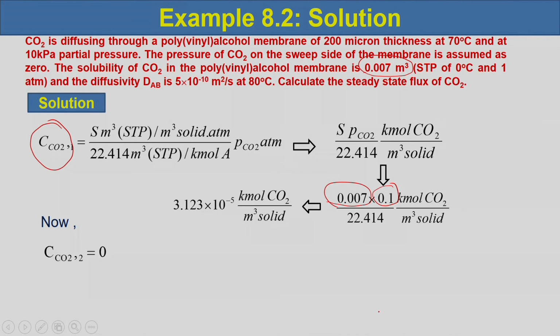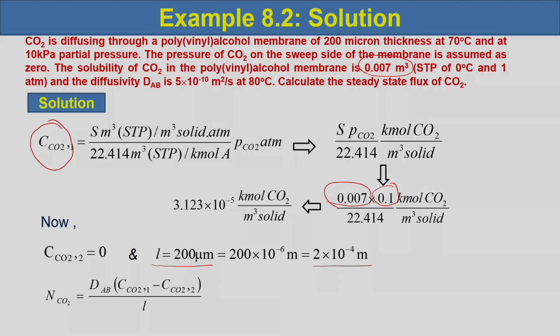Now, at 2, that is on the other side, the concentration of carbon dioxide is 0, because the sweep side pressure is considered 0, and the thickness L is 200 micron. So, we can write 200 into 10 to the power minus 6 meter, which is 2 into 10 to the power minus 4 meter.